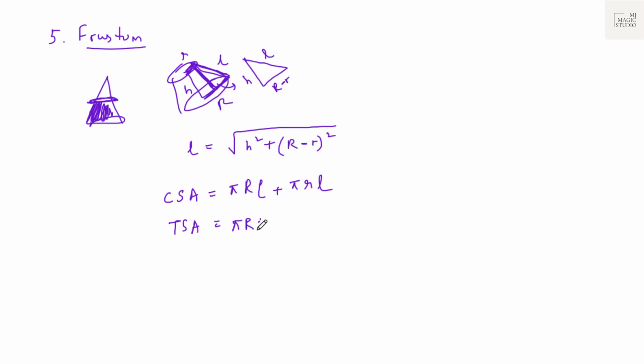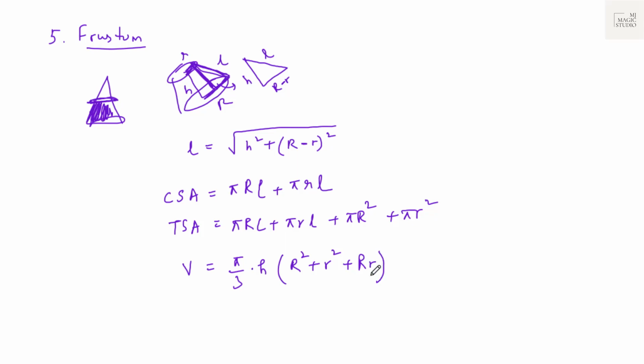So it would be pi R L plus pi r L plus pi R square plus pi r square. Just try to remember as a concept, very easily you can remember that. And volume is given by pi by 3 into height into, remember this, R square plus r square plus R into r.